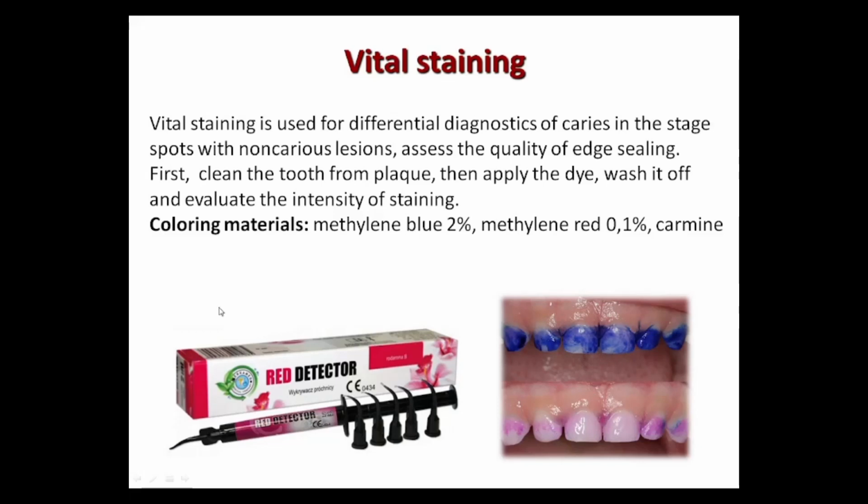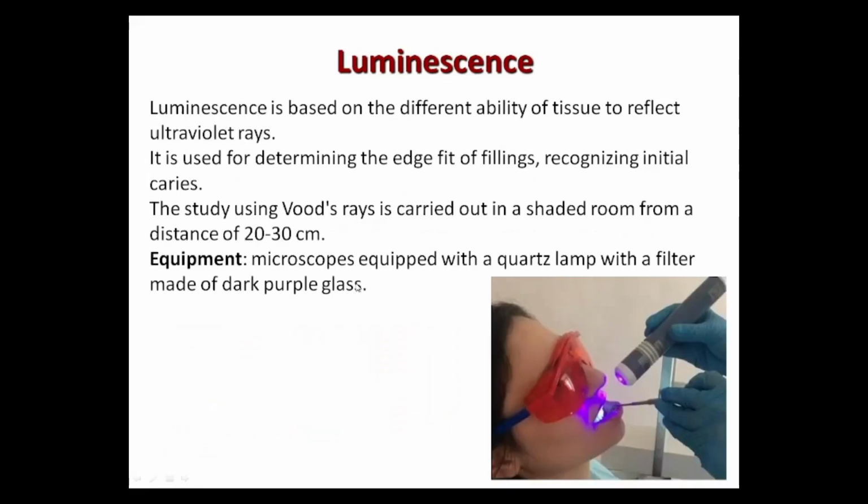Coloring materials: methylene blue 2%, methylene red about 0.1%, and some other like carmine. Caries detector, for example, red detector or blue detector it may be. Next method is luminescence.